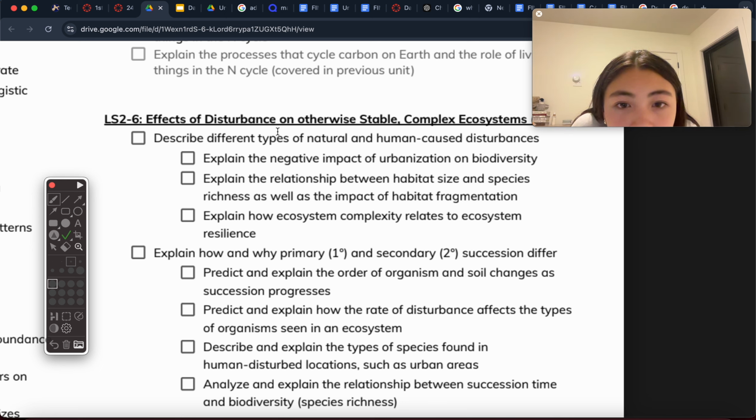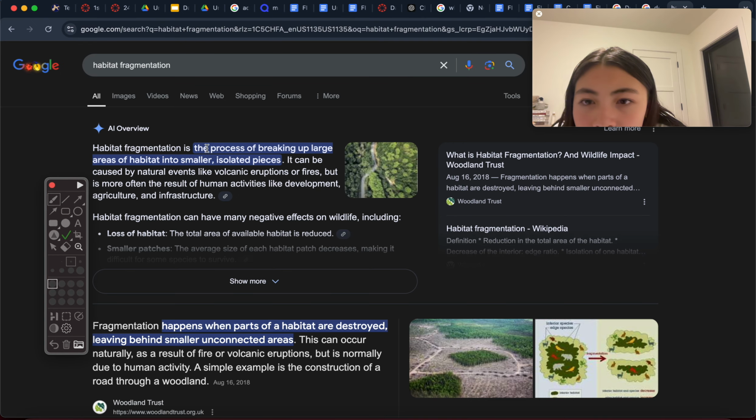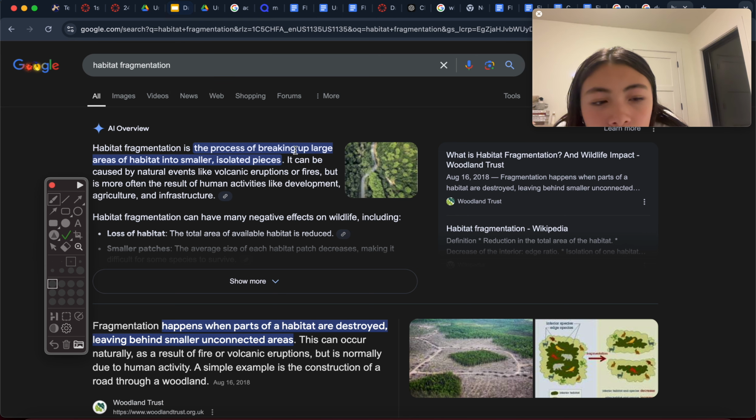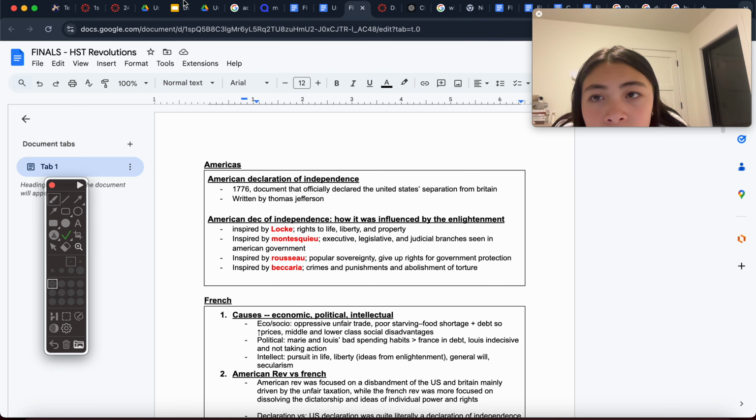Explain the relationship between habitat size and species richness. So the impact of habitat, what's habitat fragmentation? Is that like splitting up? Oh, that's like the koalas I was just talking about. Probably just less diversity in a certain ecosystem.